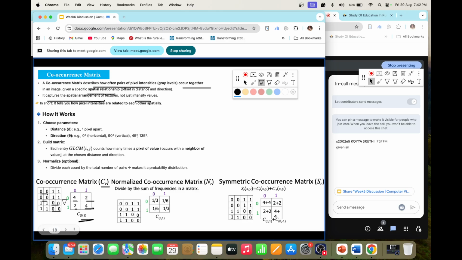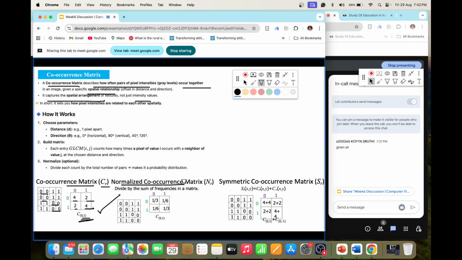So by the number of times 0 0, 0 1, 1 0 and 1 1 occur, you can form the co-occurrence matrix of this relation (0,1). It describes how often pairs of pixel intensity occur together, that is the co-occurrence matrix.